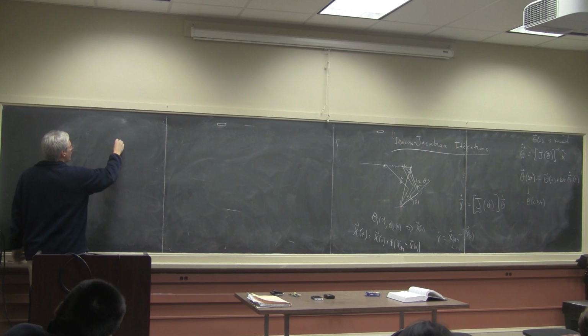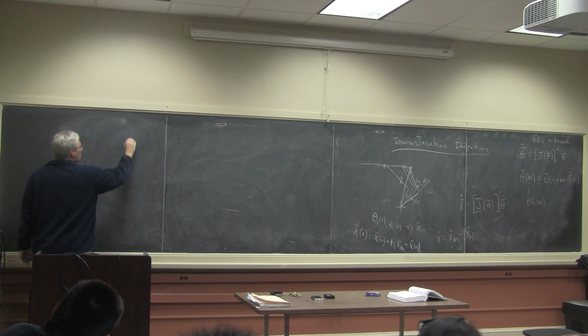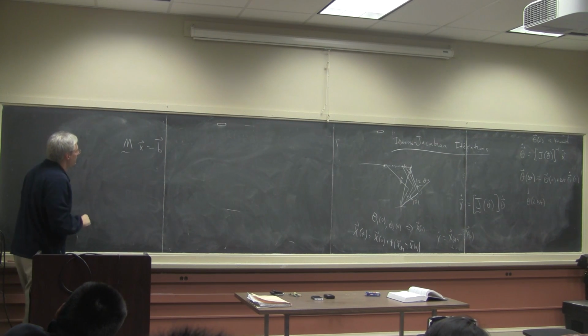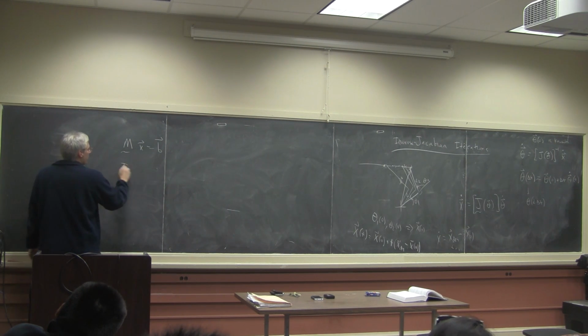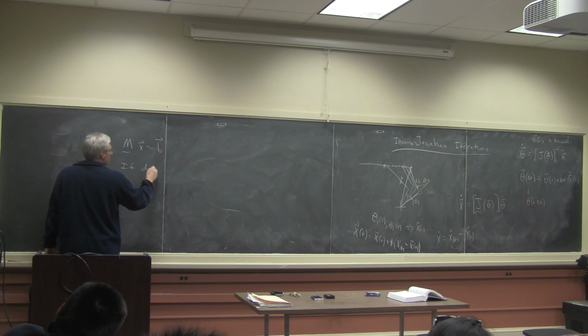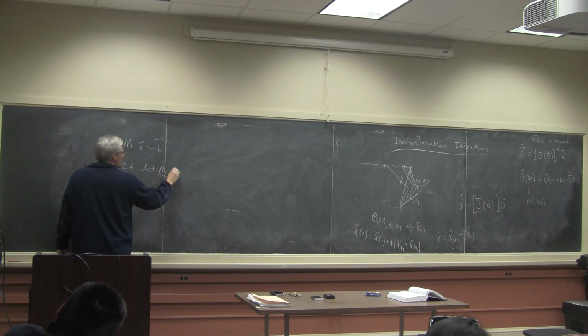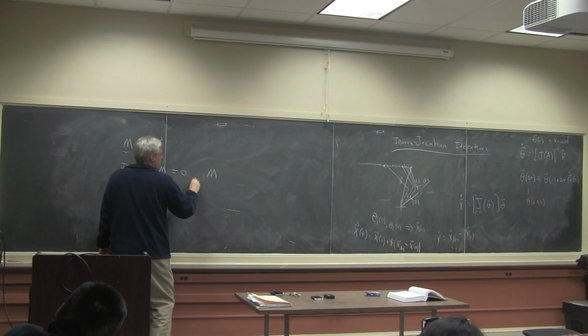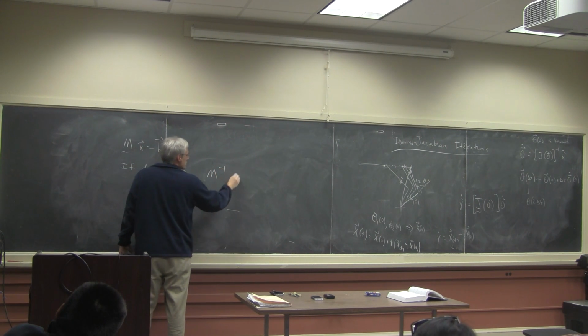If I give you a matrix M, and M times X is equal to B, then if the determinant of M is equal to 0, M inverse does not exist.